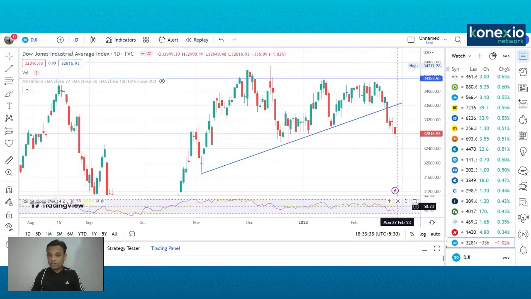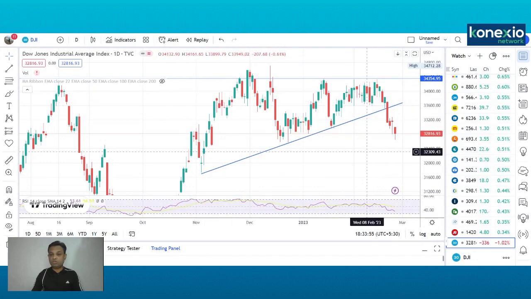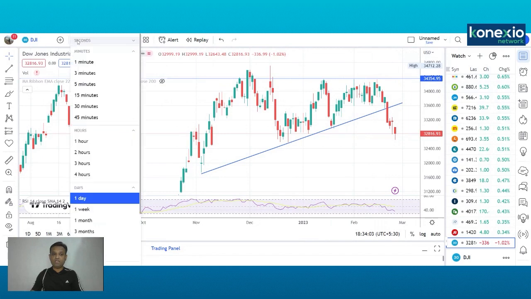It is also in oversold territory. This is the daily chart, and Dow Jones has the potential to test this particular trend line. So maybe in the next 10 to 15 trading sessions, Dow Jones might rebound to the level of 33,600. Currently, Dow Jones closed around 32,816, so I am expecting an 800-point rally in Dow Jones from the current levels.